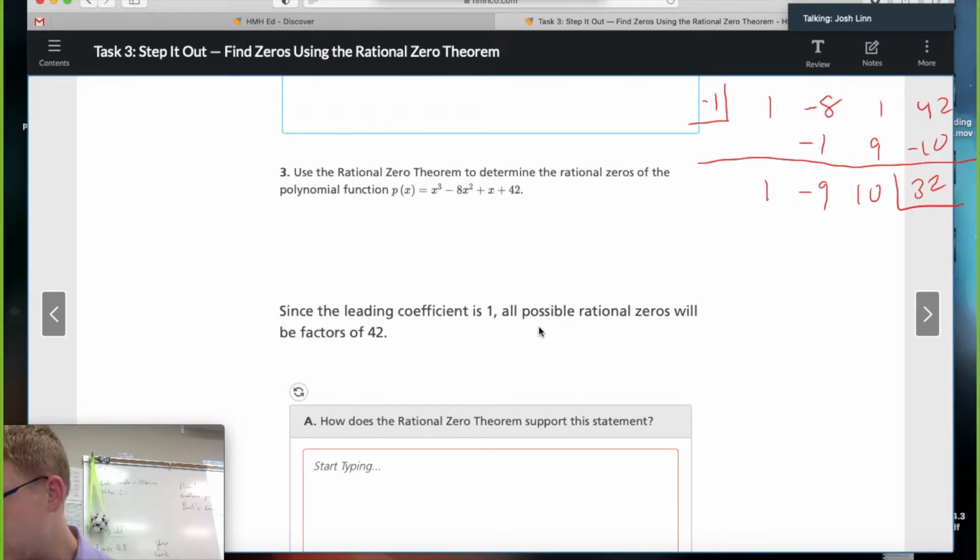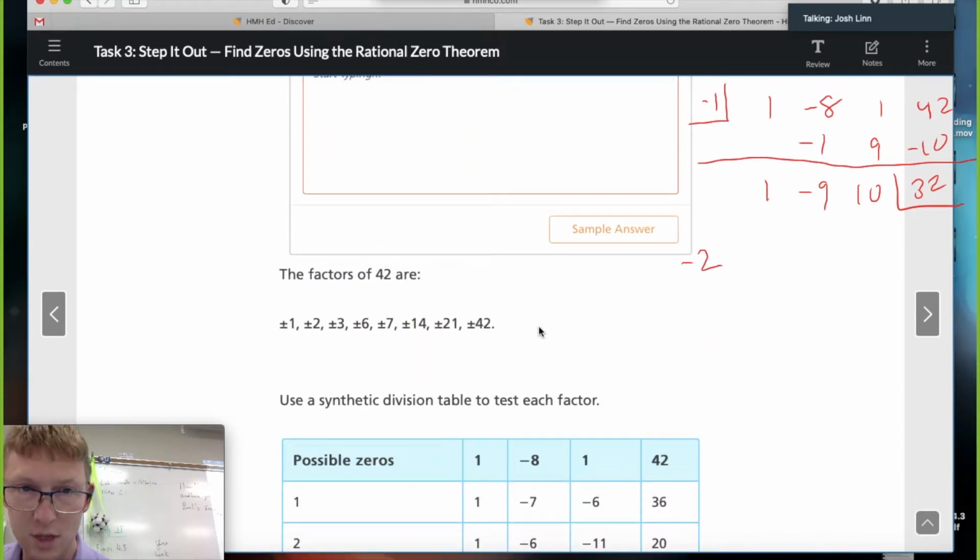Okay, so now we're going to try 2. And remember, when we say 2, you always take the opposite of it, because that's how you would set that root equal to 0. So here we go.